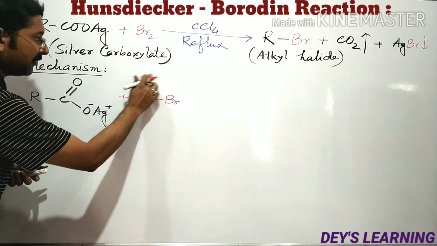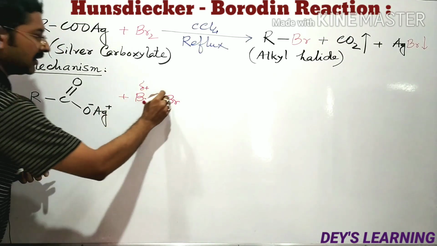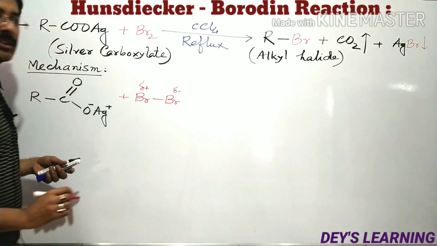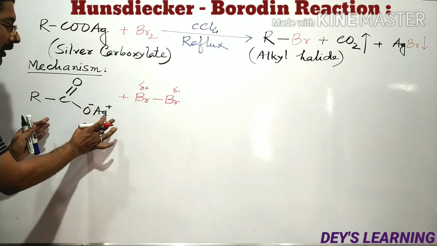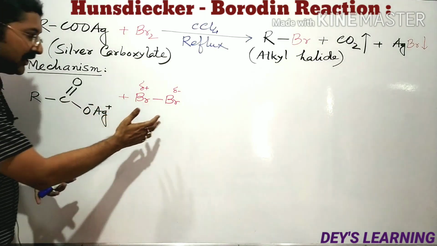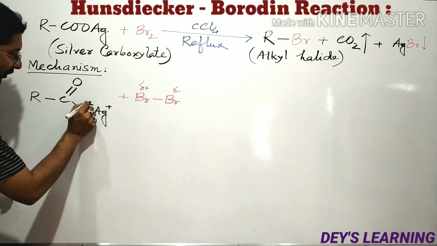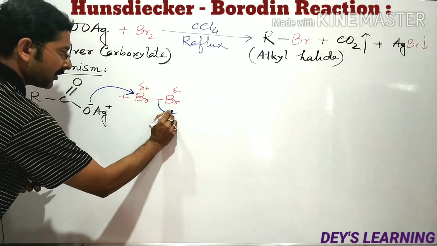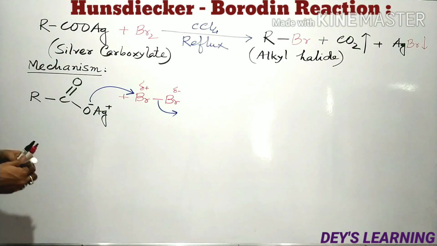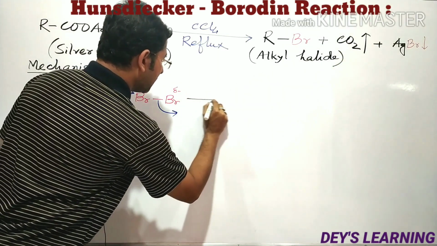For example, some delta positive charge is developed here, and some delta negative charge is developed here, due to dipole induced dipole like interactions. So this O minus charge will attack the bromine positive center, and this Br minus will leave from here.